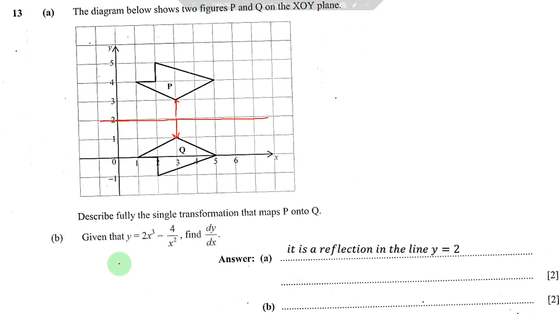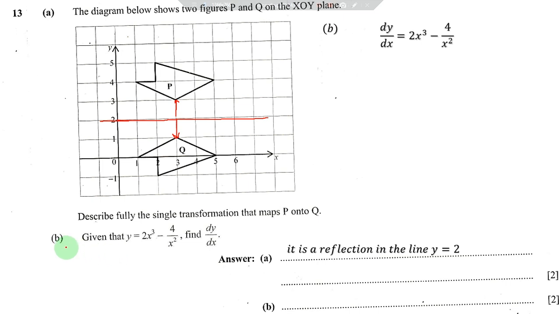We go to question 13b. Given that y is equal to 2x to the power 3 minus 4 over x to the power 2, find dy/dx. Finding dy/dx simply means find the derivative, or find the differentiation, or differentiate.